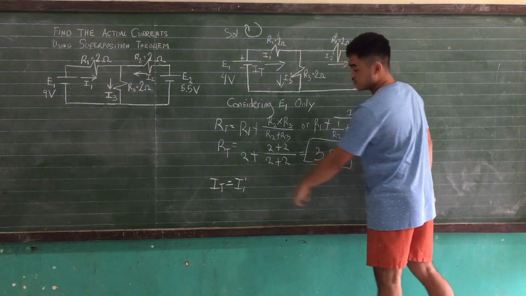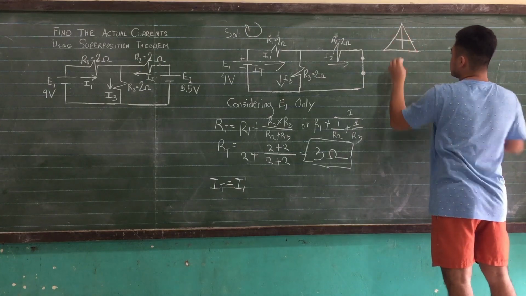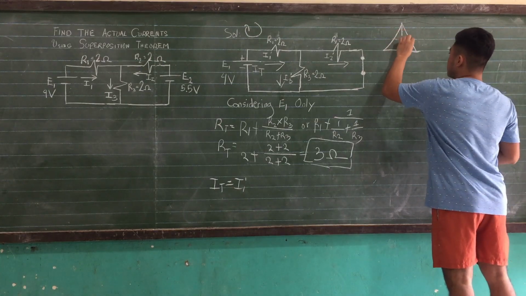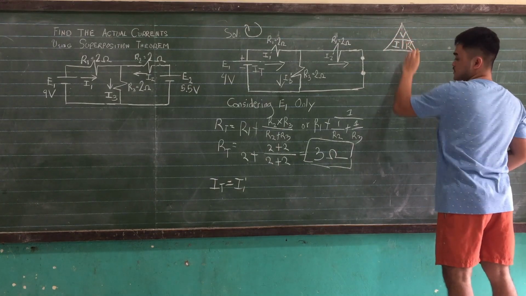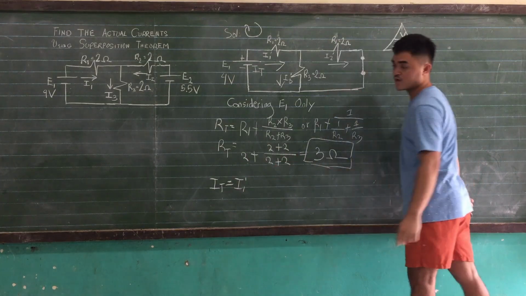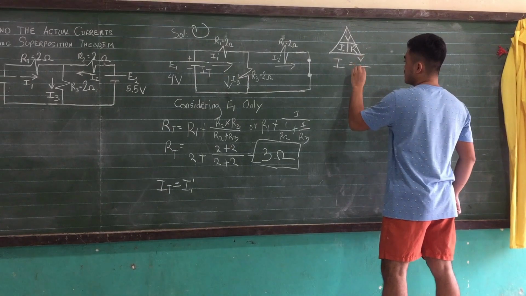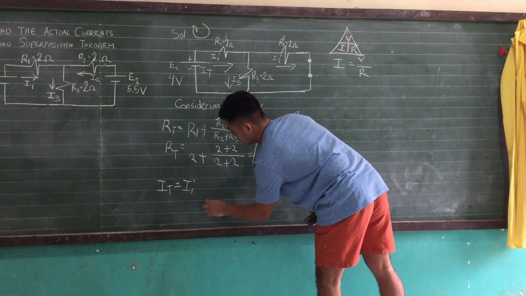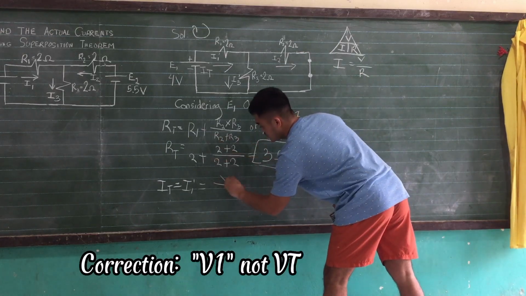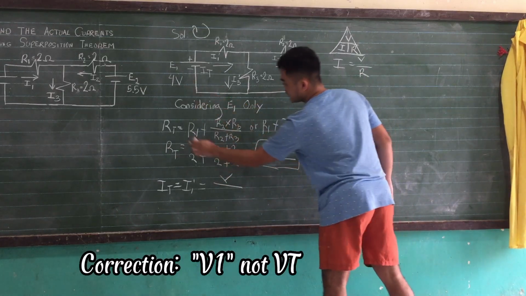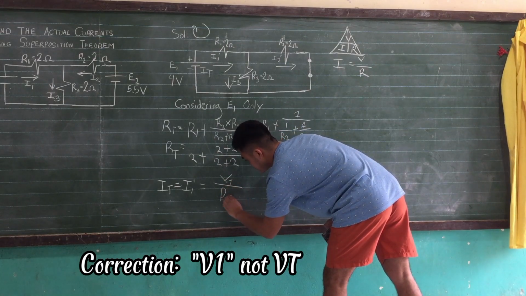So by Ohm's law, di ba, the formula of Ohm's law is V equals I times R. Since ang hinahanap natin dito is yung current, so I magiging V over R. I1 is equal to VT, the V total over the R total.